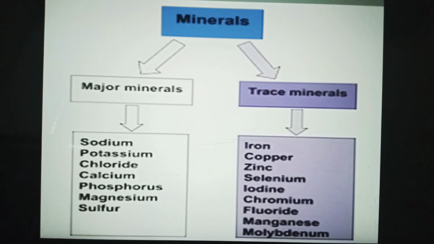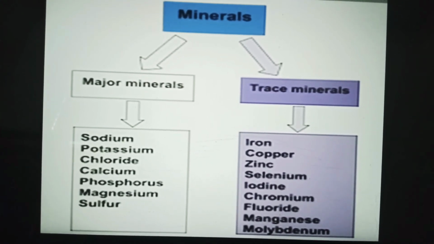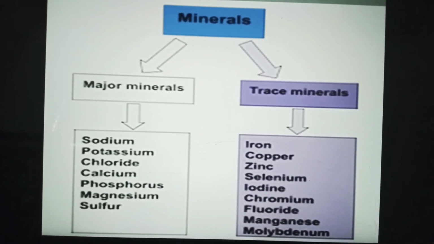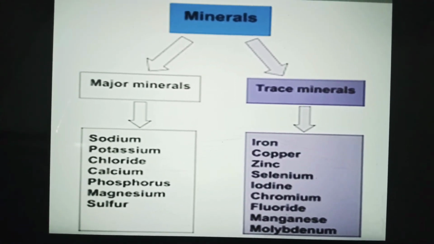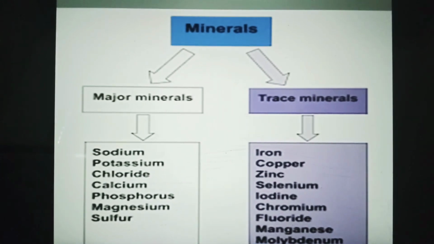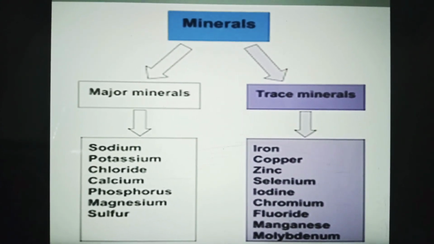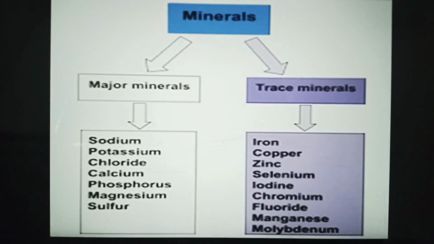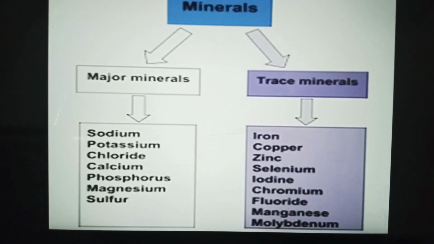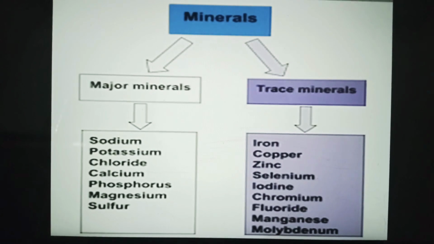The roles of major and minor minerals in the human body are different. Major minerals are sodium, potassium, chloride, calcium, phosphorus, magnesium, sulfur. And trace minerals are iron, copper, zinc, selenium, iodine, chromium, fluoride, manganese, and molybdenum.